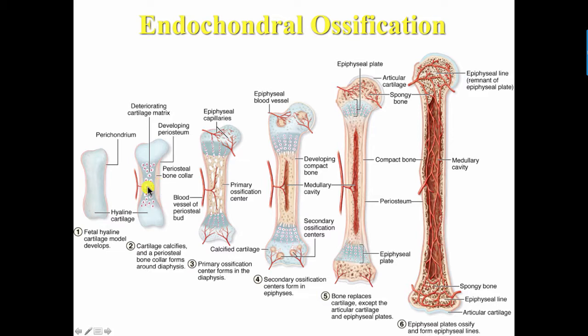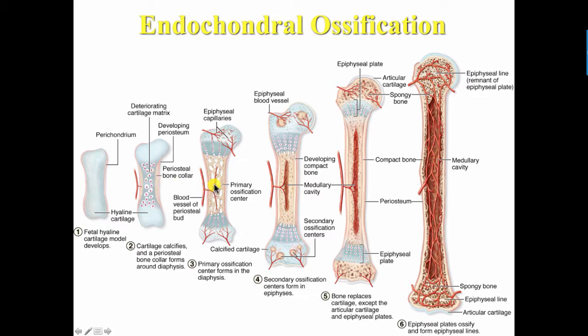This bone collar interferes with the diffusion of nutrients into the cartilage, and chondrocytes in the center of the shaft, called the diaphysis, start to swell up and soon disintegrate and die. Simultaneously, the matrix surrounding these dying cells begins to calcify.